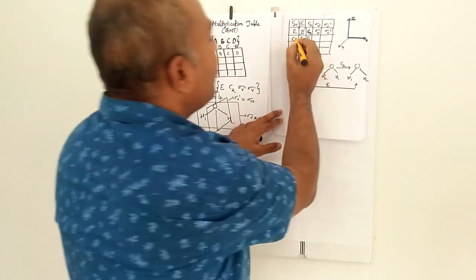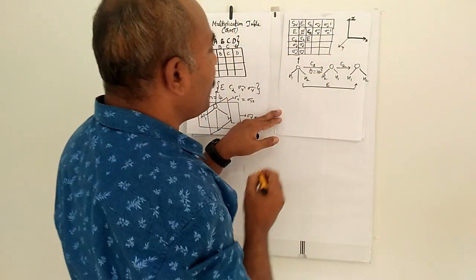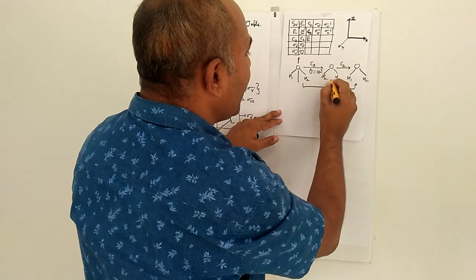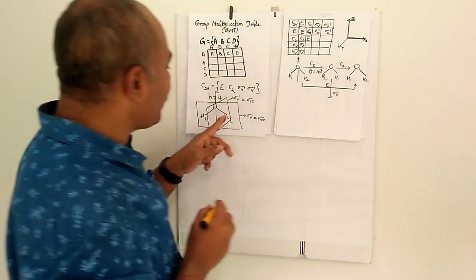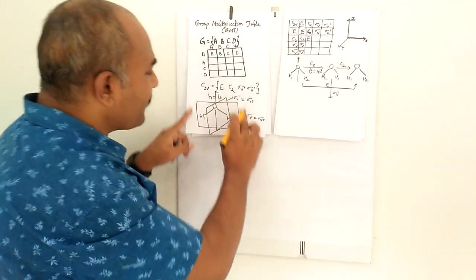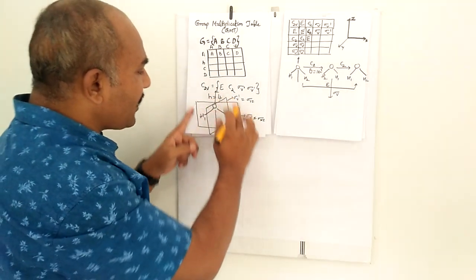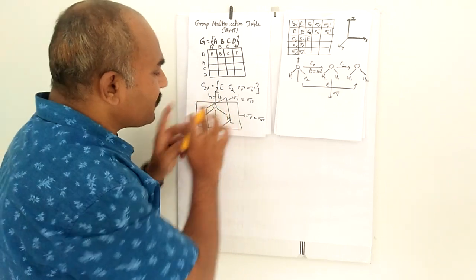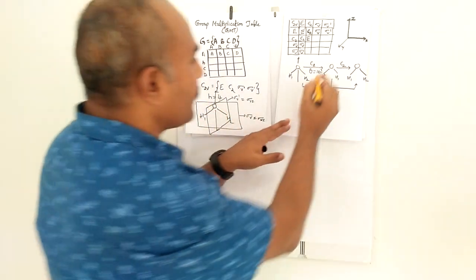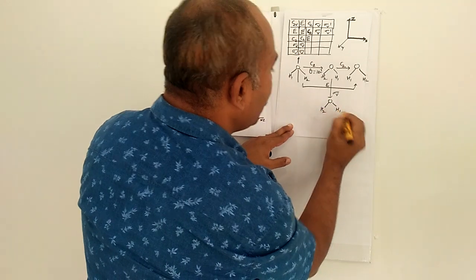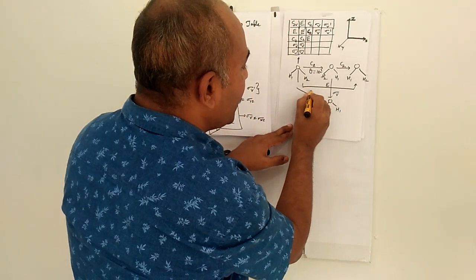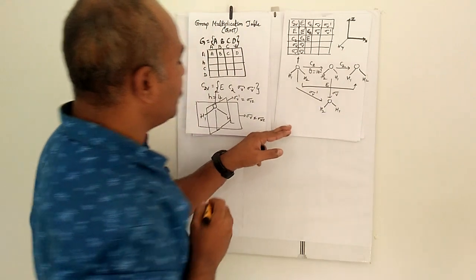Then C2 multiplied with sigma V. We already did the C2 here. When you do the vertical plane sigma V, as I told, one is the molecular plane. If you take the reflection along the molecular plane, it gives the same configuration, and here the configuration is H2 H1, which is obtained by doing sigma V dash.